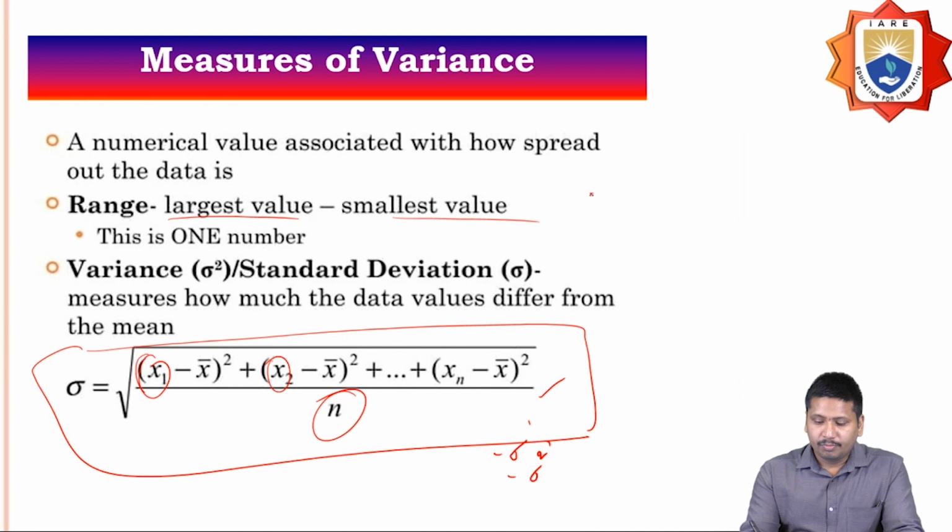Apart from the mean, median and mode, the variance is also important here, so for that we have an equation like this. We need some initial values, and then the mean value is to be obtained, and n is the number of values, so that should be known for finding the variance and then the standard deviation.